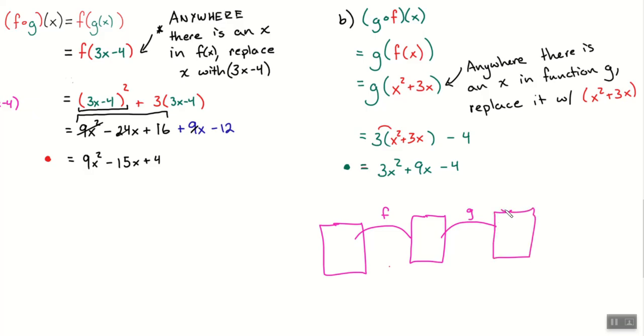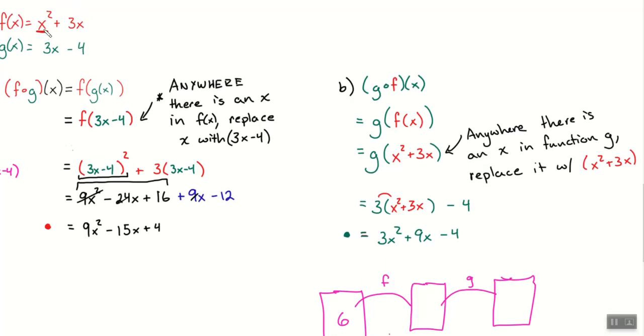Give me any number. I heard 0 and I heard 6. Let's do a 6. If I plug 6 into my function f of x, where does it take me? 6 squared is plus 18. 54. So when I plug a 6 into f, it spits out a 54.